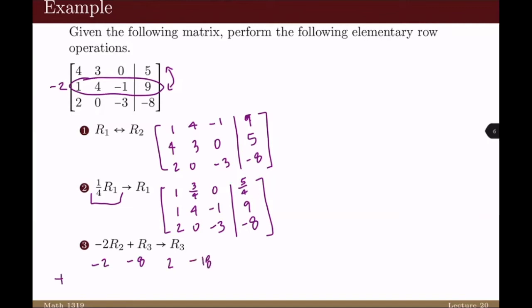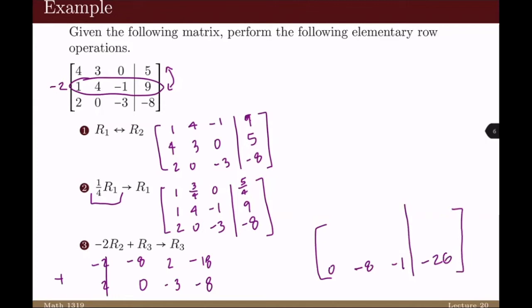And we're adding that to our row 3, which is that 2, 0, negative 3, negative 8. So that means our new row 3 is going to be 0, negative 8, negative 1, negative 26. And the rest of the matrix is not changed.